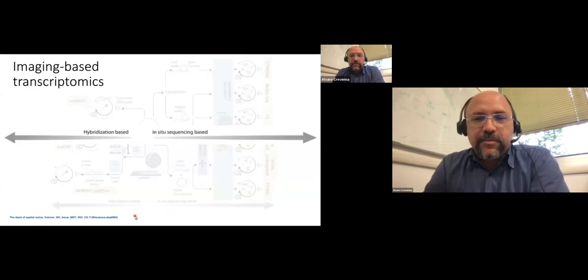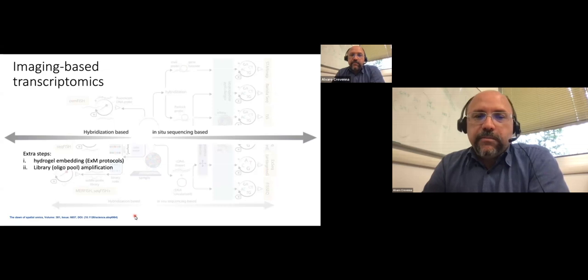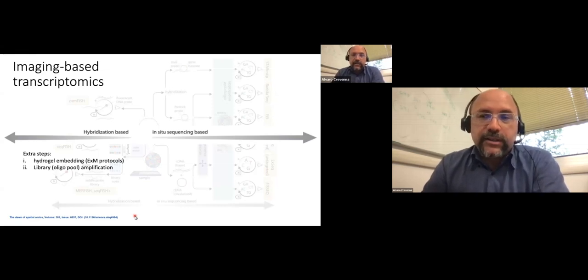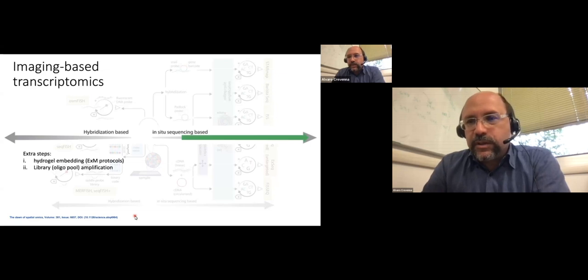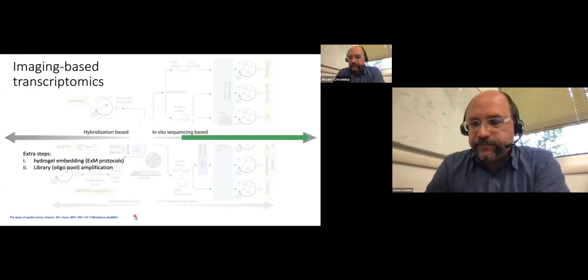To make it simpler, there are essentially two approaches. Because the hybridization-based approach requires two extra steps, in my view, compared to in situ sequencing-based approaches. Those steps are hydrogel embedding, very similar to expansion microscopy protocols, and the library, the oligo pool amplification. We decided to start with in situ sequencing-based methods.